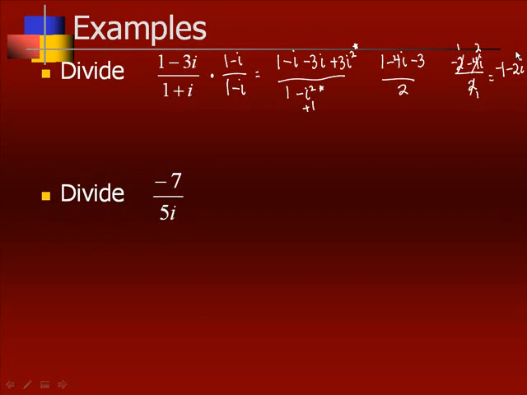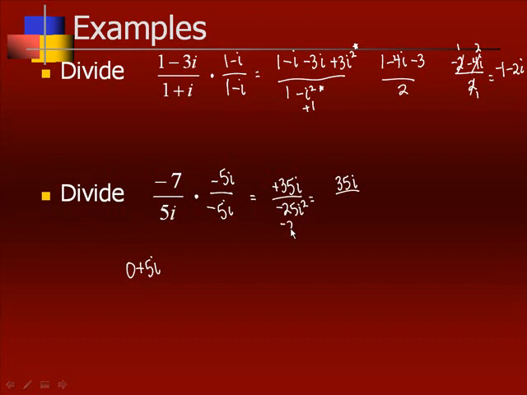Now remember we said, what's the conjugate of 5I? Well, if you think about that as being 0 plus 5I, then the conjugate would be 0 minus 5I. So in this case, we're going to multiply top and bottom by negative 5I, which would give us positive 35I over negative 25I squared, which would be 35I on the top.